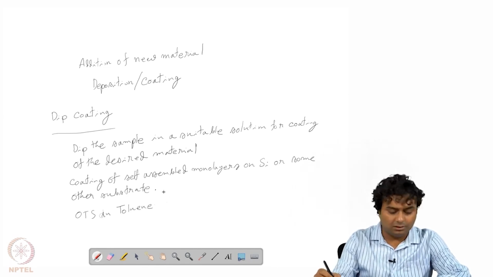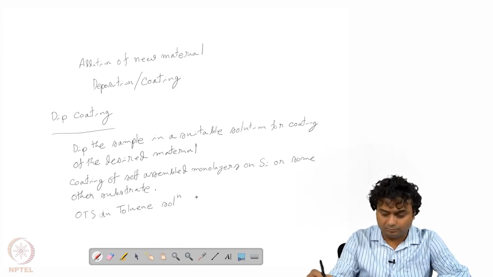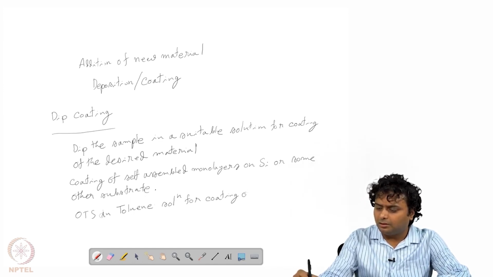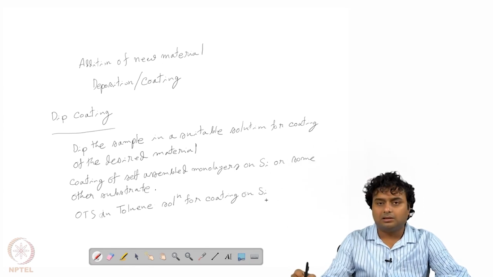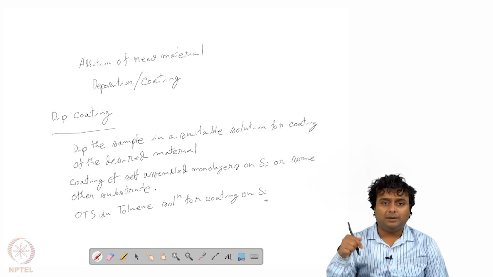We take some OTS, which is also liquid, prepare a solution of OTS in toluene solvent, and then take our silicon piece and dip it into the solution.